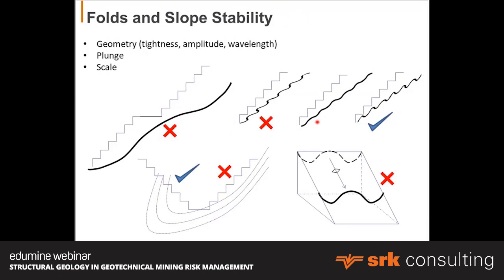It's quite common to have situations where you've got structures or features, let's say bedding or foliation, that is creating problems in one sector of the pit and is helping stabilize the pit in other sectors. You need to think about the orientation of the plunge of the folds. In this case, this would not be favorable for the stability of that slope.